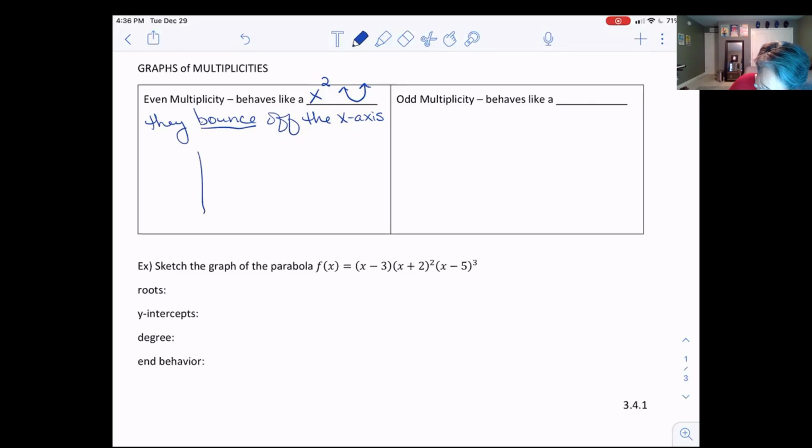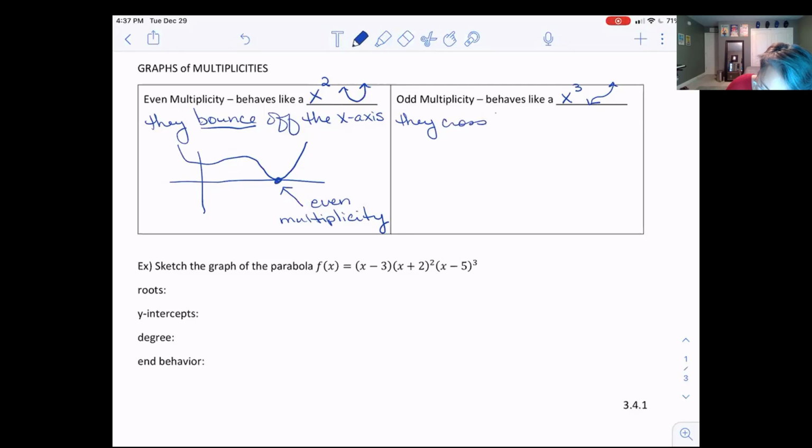So an example would be if you had this graph, that zero has even multiplicity. If it has an odd multiplicity, it behaves like an odd polynomial, like this guy, and they cross through the x-axis.